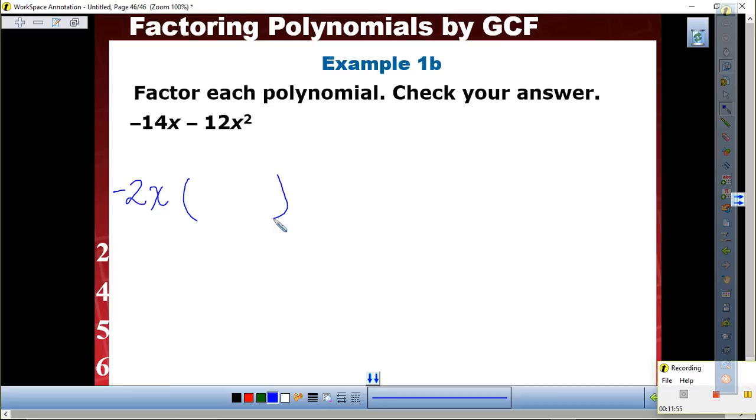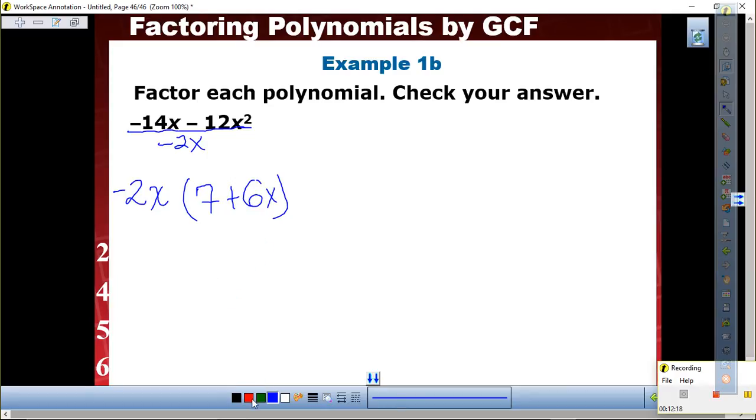So according to my calculations, that's my GCF. So let's find the other factor. We're going to divide by negative 2x. So what is negative 14x divided by negative 2x? 7. What is negative 12x squared divided by negative 2x? Positive 6x. That is correct.